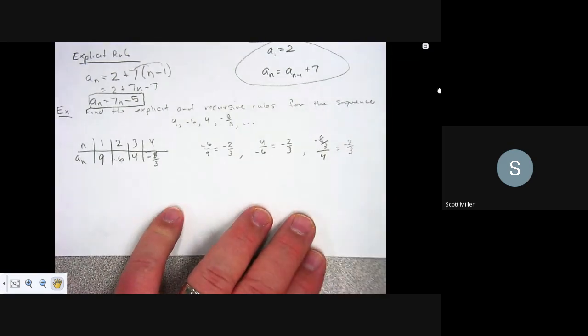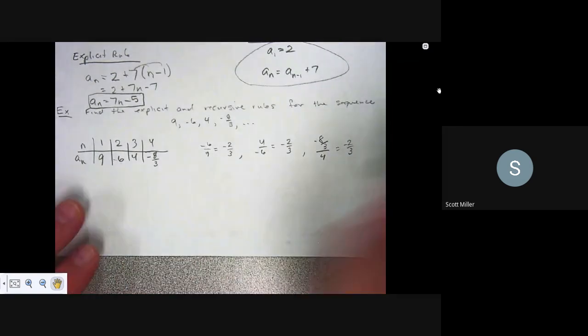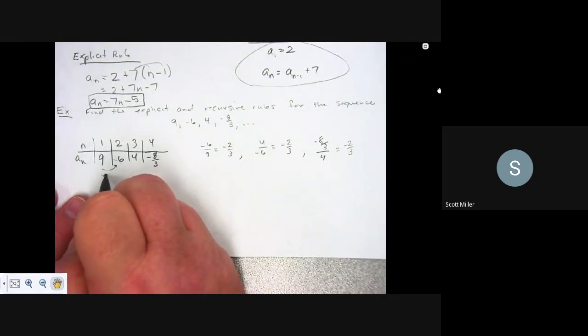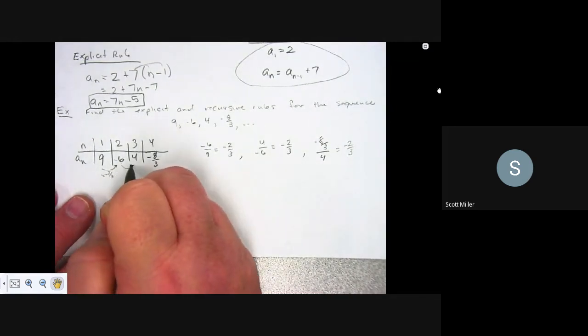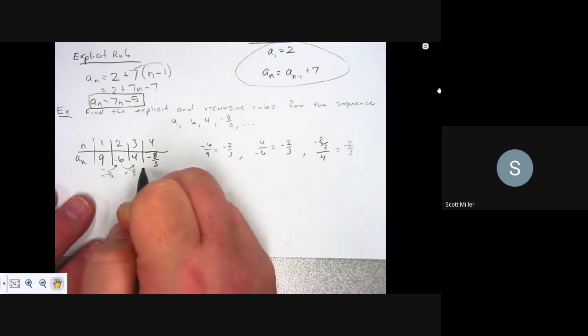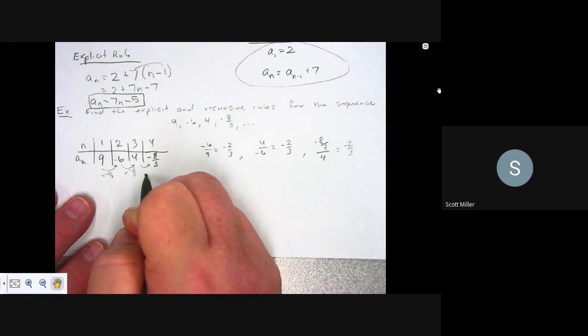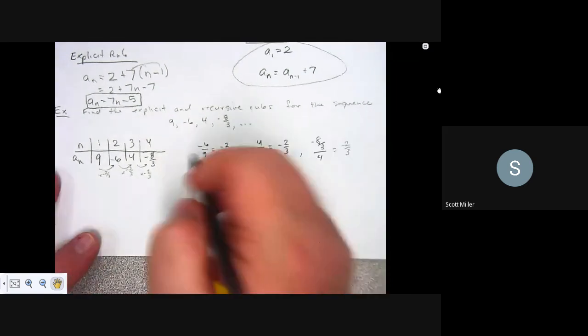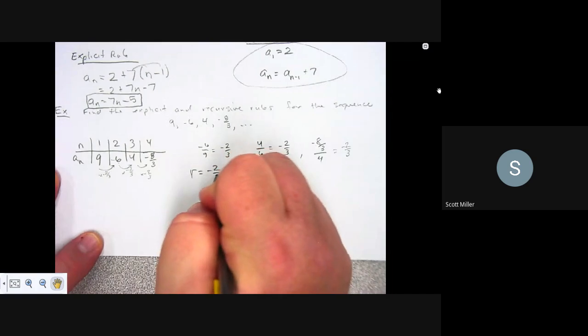You should check that out, make sure you can see that. What that basically means is, from here to here, I am multiplying by -2/3. Take that, times it by -2/3, and so forth. So my common ratio is -2/3.